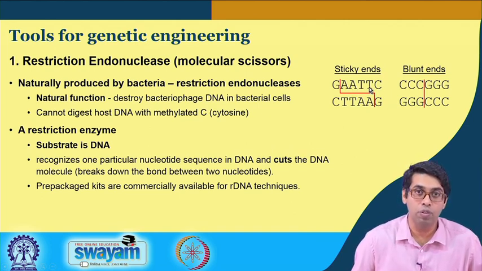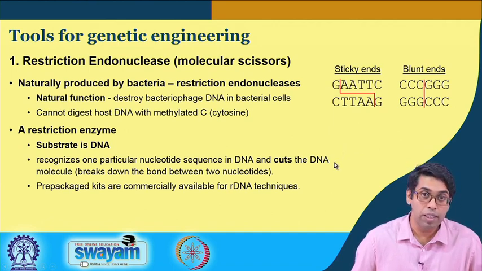Those are the overhangs, and they can easily go back and form the hydrogen bond, but there will be no phosphodiester linkage here, which means that there will be no covalent bond. So, they can easily come off again. This type of endonuclease will leave a sticky end and this type will not leave any sticky end.